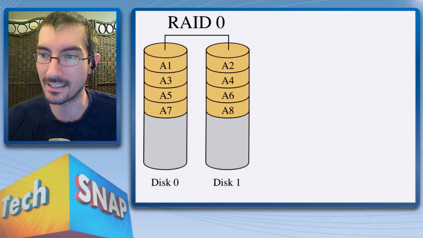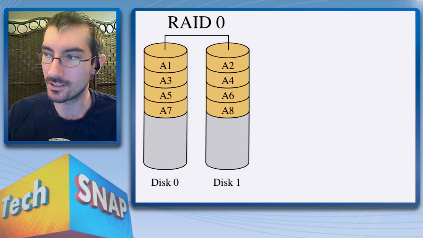So basically, RAID is a set of technologies that let a bunch of independent disks act as if they're one logical disk. Redundant array of independent disks? Yeah, there you go. And the first type of RAID, RAID 0, is called striping. You have two or more disks, and as you are writing the data to them, you break the data up into blocks, usually about 64 or 128 kilobytes.